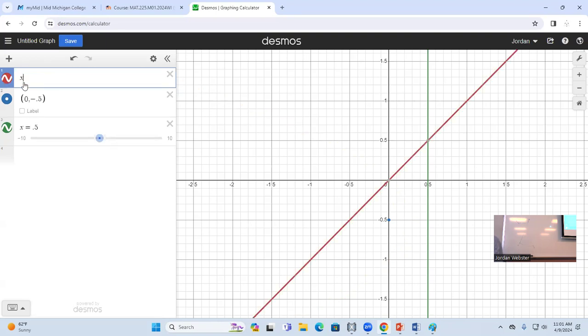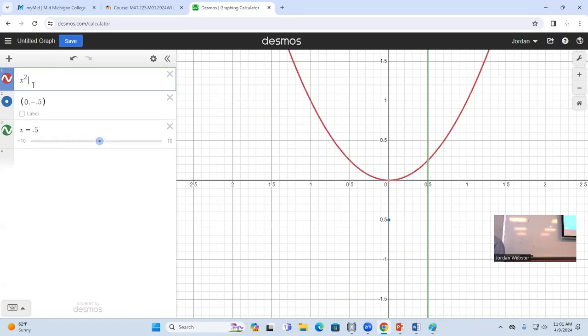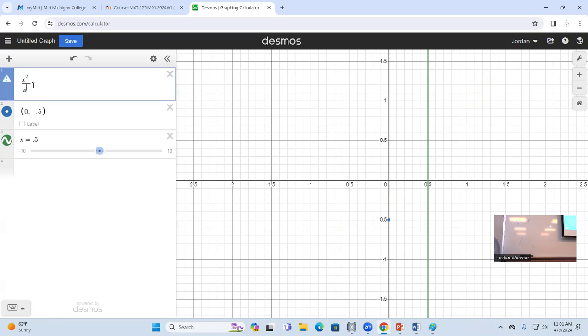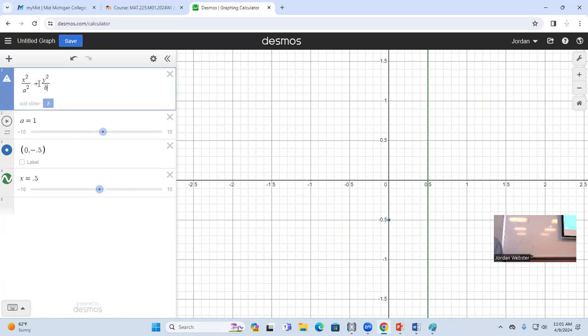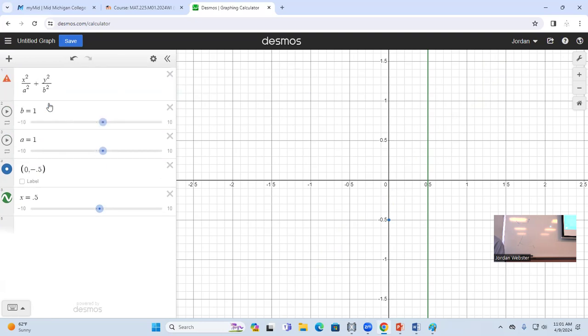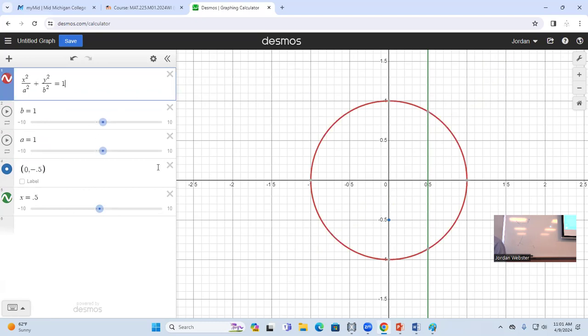What this gives is a shape that looks like, well, here we have a circle. Why do we have a circle in this case? Well, we have a circle in this case because A and B are the same.